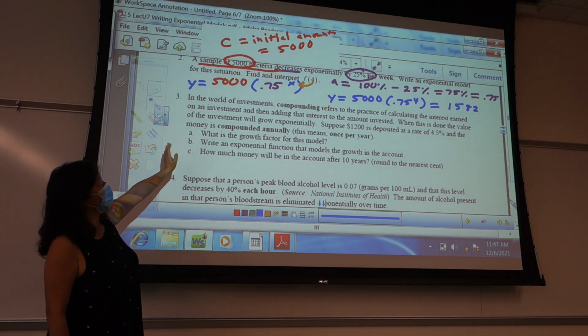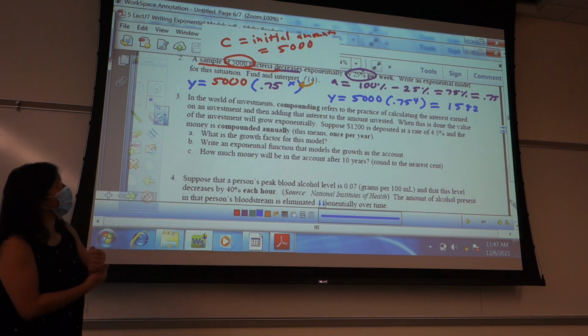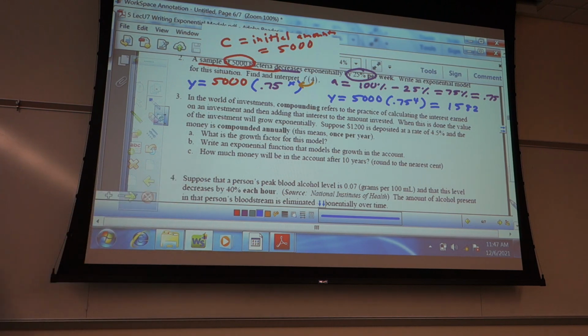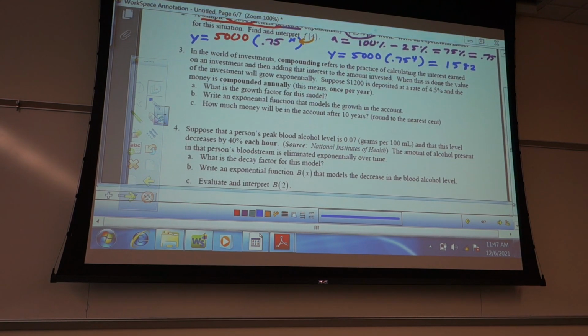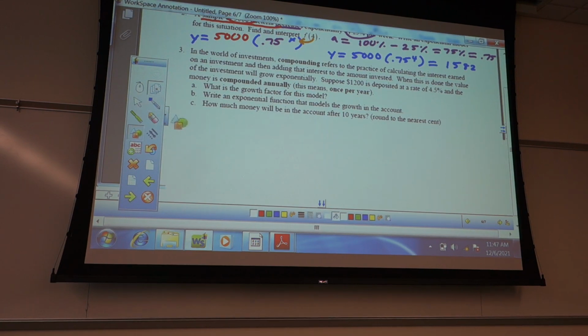Okay, so next one. In the world of investments, compounding refers to the practice of calculating the interest earned on investments and then adding the interest to the amount invested. So here we have $1,200. What's that?